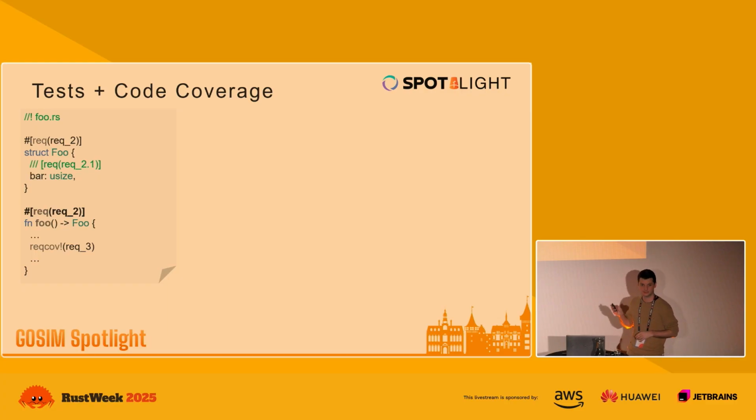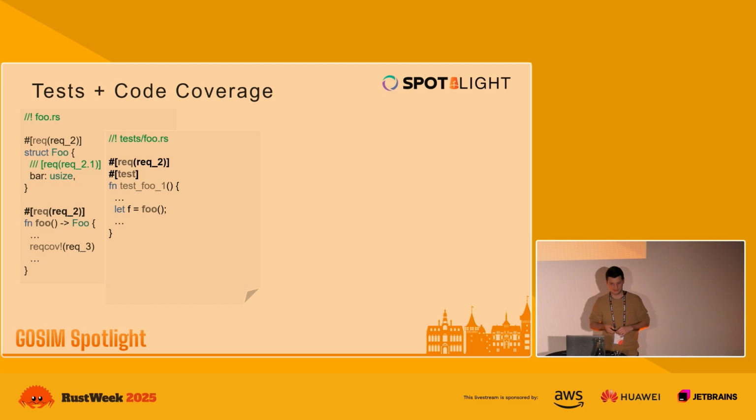For this, I take again this Rust code sample from before with the foo function, and now we assume that we have this test_foo1 test that is testing our foo function, and foo is traced to the requirement req2. We can now explicitly add the trace above this test function to say that this test is testing this requirement and also this foo function.